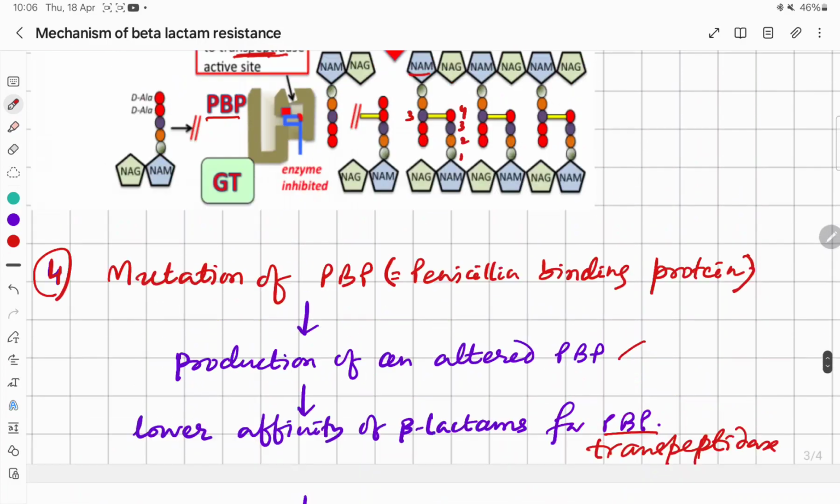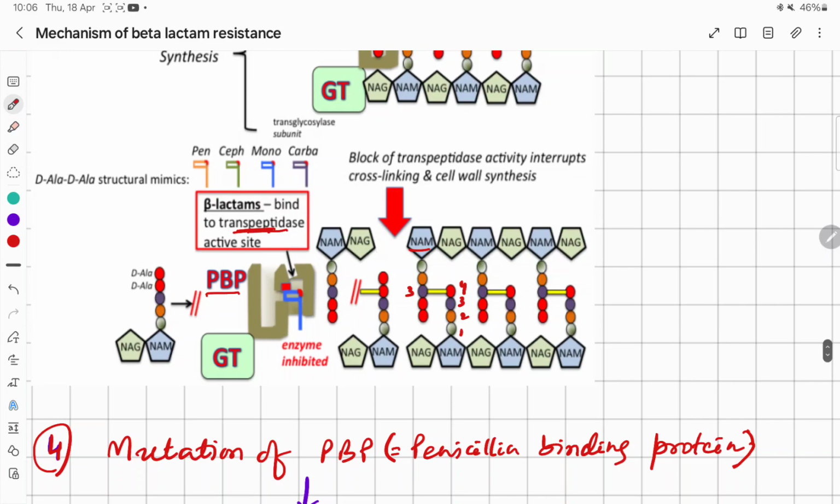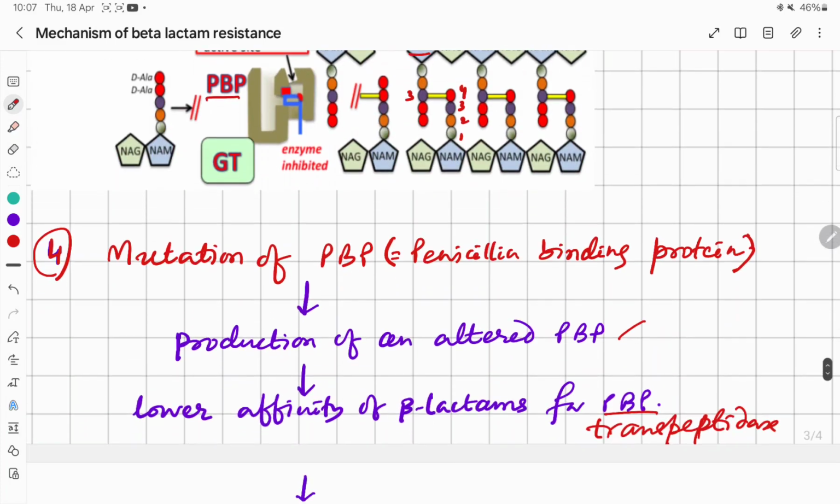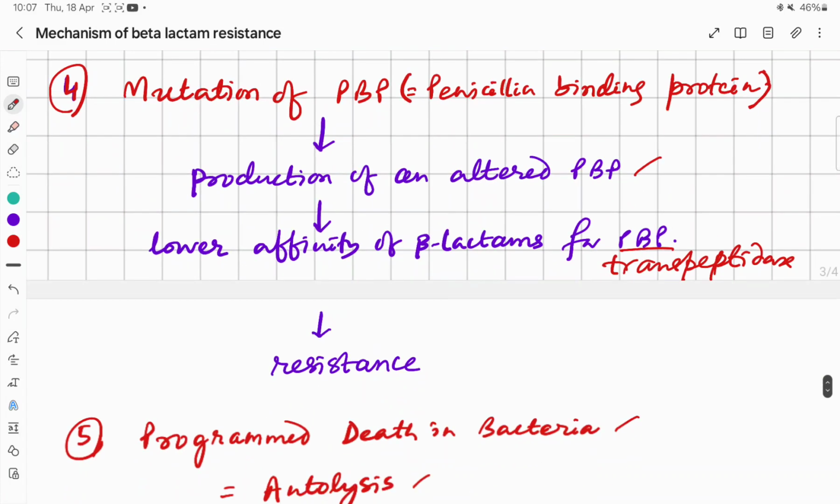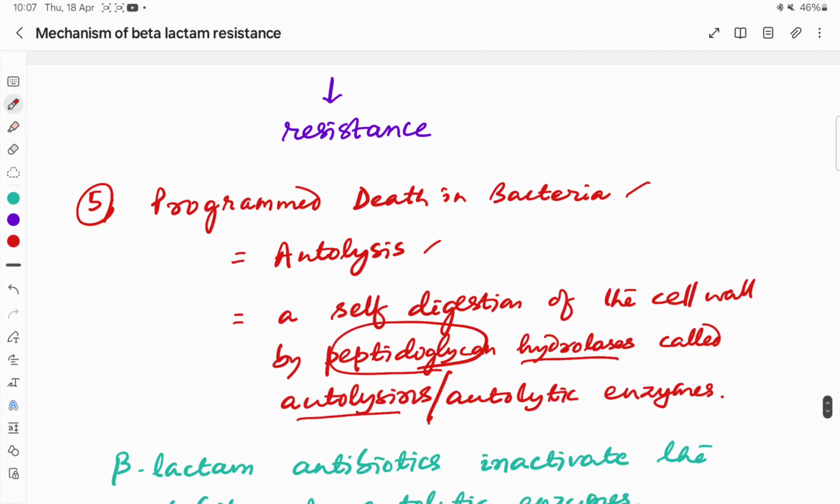N-acetylmuramic acid and N-acetylglucosamine are the chief constituents, and there is cross-linking of the third amino acid of N-acetylmuramic acid with the fourth amino acid of the other chain. Simultaneously, both peptidoglycan biosynthesis as well as hydrolysis occur for building the cell wall, so we can say the autolysins are part of the normal cell growth activity in bacteria.